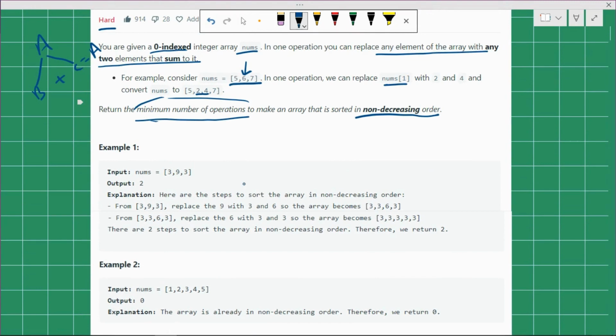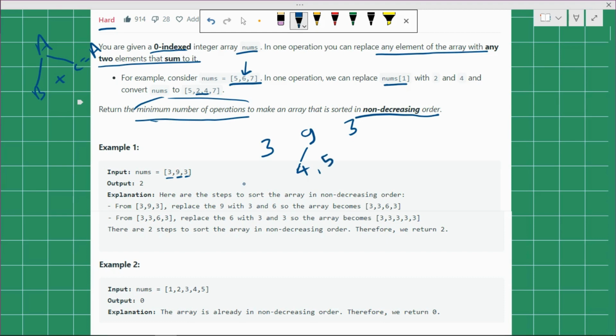In the first example they have given, it is 3, 9, 3. So looking at this, we know that if somehow we break 9 into smaller chunks, this whole array will be in non-decreasing order. So suppose we are breaking it into 4 and 5.